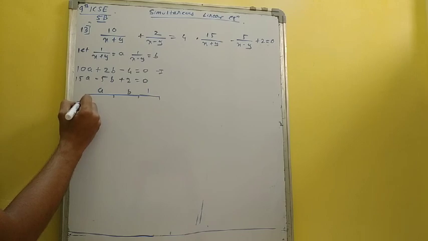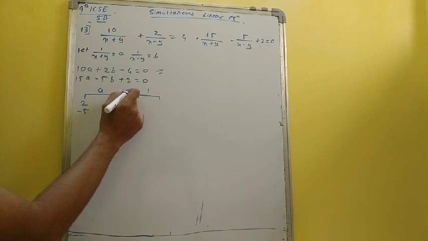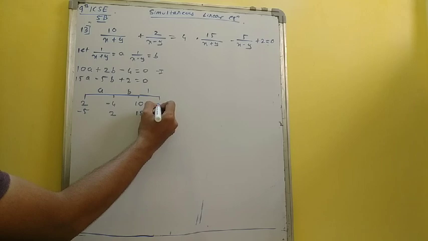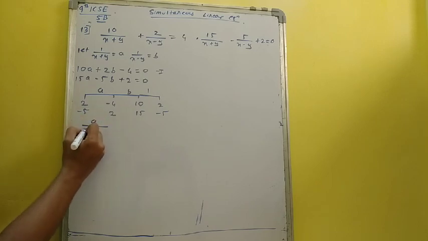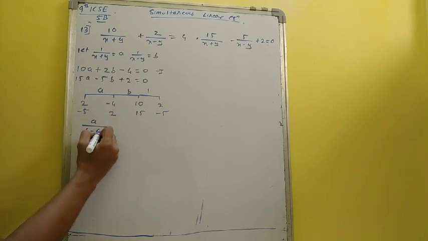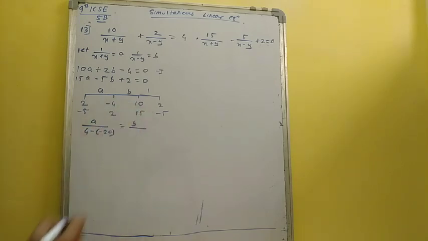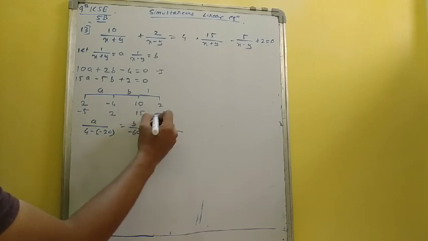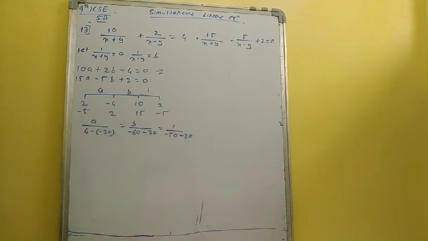For a I will not take a, so I will take b. 2 minus 5 minus 4 2. For b I will not take b, so a is 10 and 15 and over here 2 and minus 4. Okay, so a upon 2 2s are 4 minus 4 5s are 20 is equal to b upon 15 4s is 60 minus 10 2s is 20. 1 upon 15 5s is 10 5s is 50 minus 15 2s is 30.